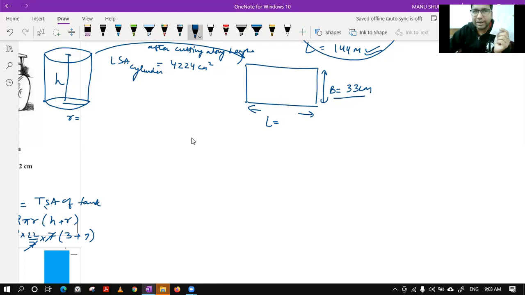Yes, radius and height were not given to you, but indirectly they are saying that the height is 33 only. Soham, is this point clear to you that h can be taken as 33?